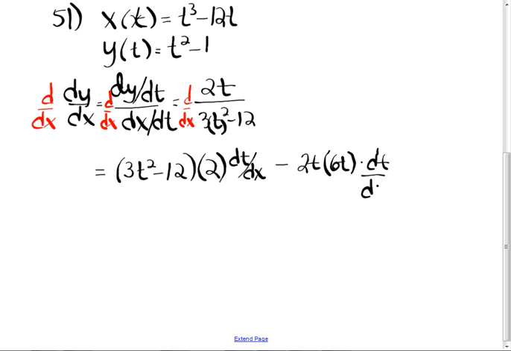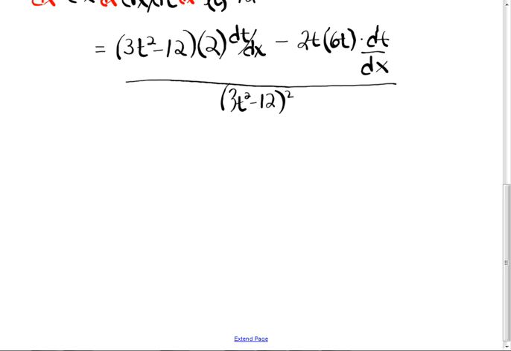Is that just going to be 1 over dx/dt? That's correct, over the denominator squared. So (3t squared minus 12) squared. And it was easiest to simplify that. So this is 6t squared minus 24. I'm going to factor out the dt/dx. You okay with that?